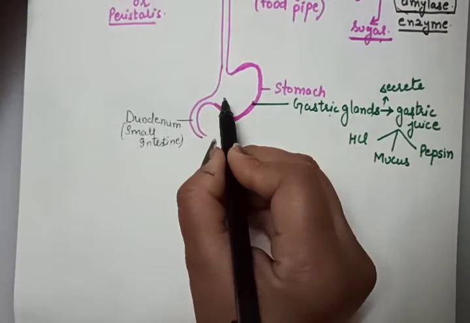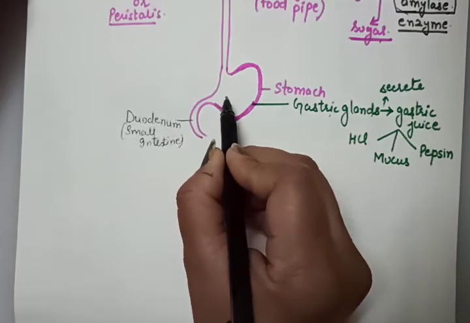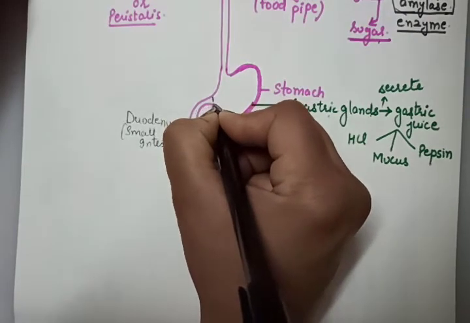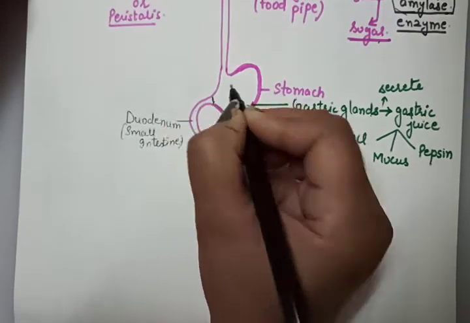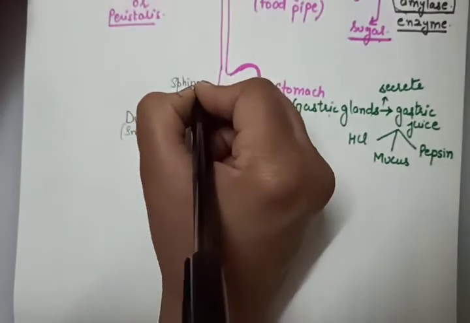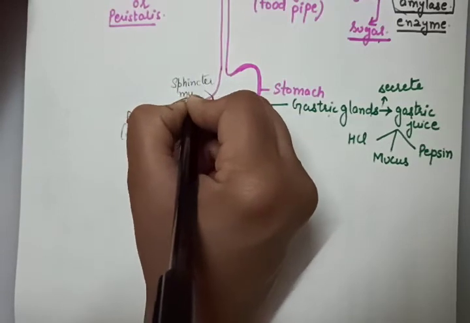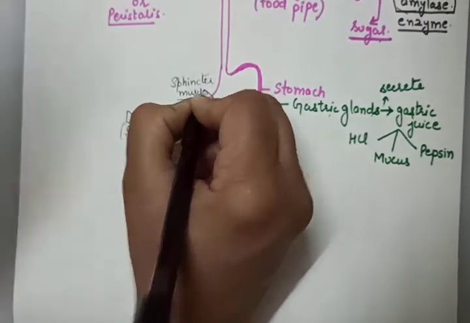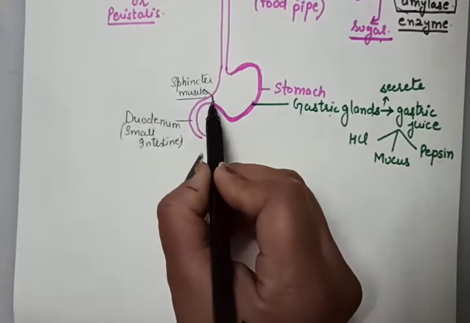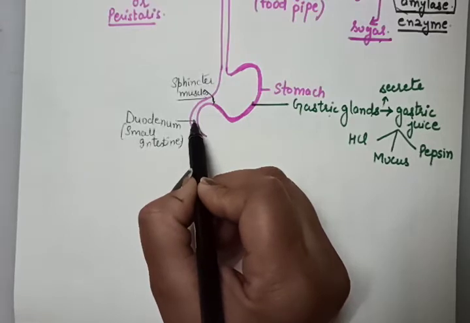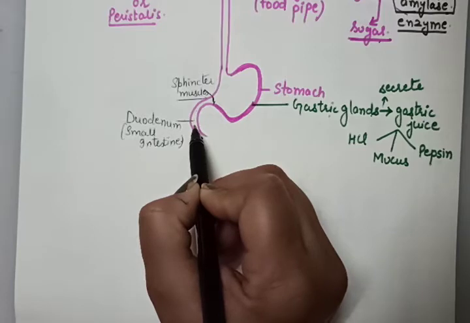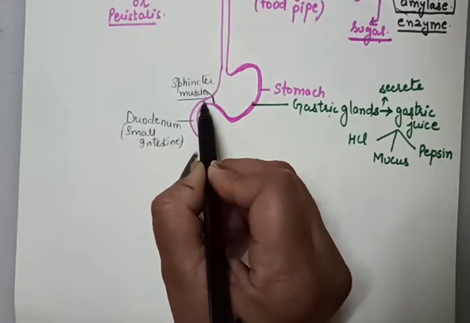When the food passes from the stomach to the small intestine, there is a muscular opening that is called sphincter muscles. What is the function of these sphincter muscles? This helps in releasing the food in little amounts into the small intestine, so that the food passes in small amounts into the duodenum and gets properly digested here.